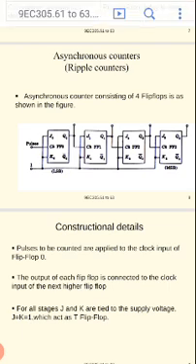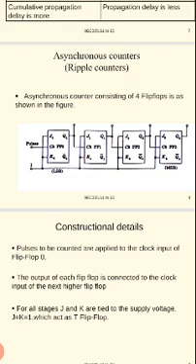The output of each flip flop is connected to the clock input of the next higher flip flop.